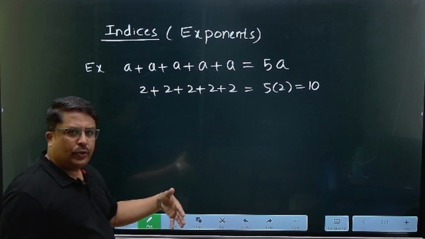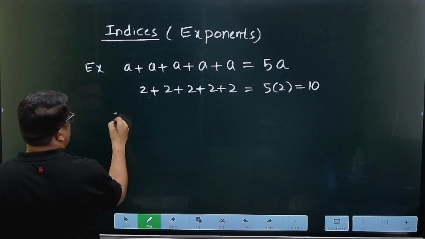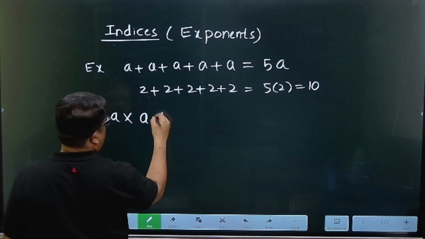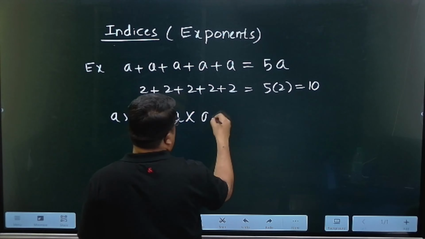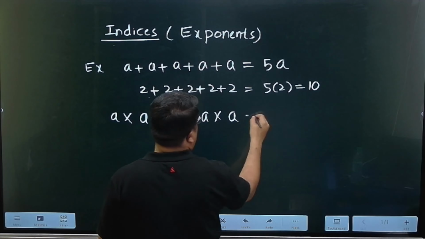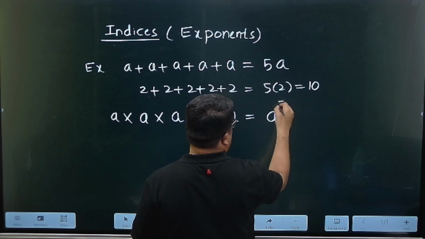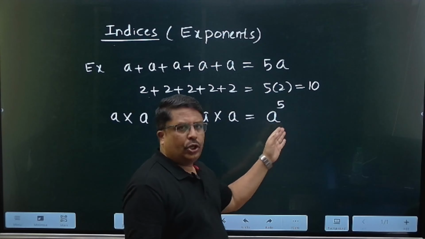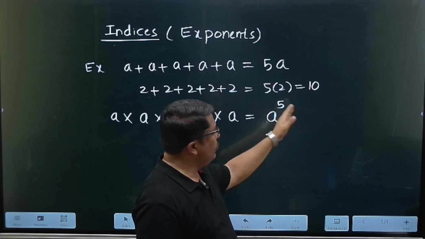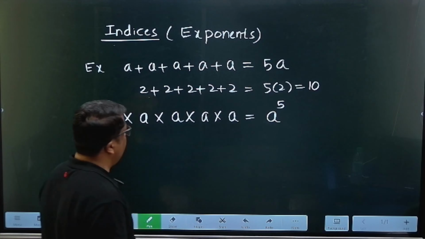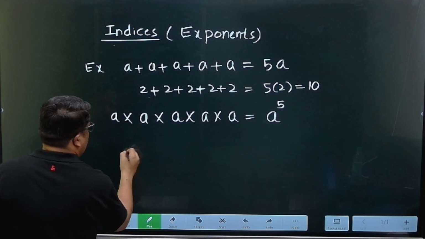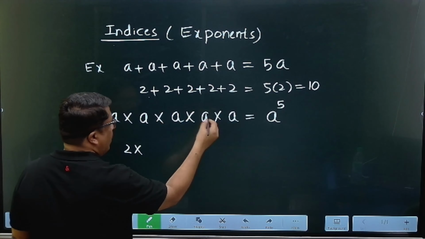So this we know, students. Now if I multiply a 5 times, then this can be written as a to the power of 5. A to the power of 5 means here a is multiplied 5 times.